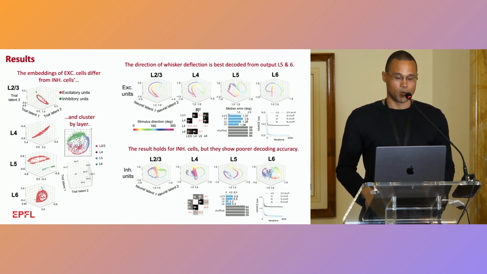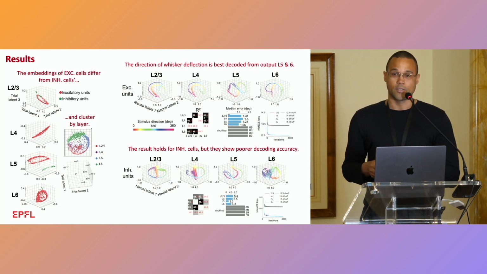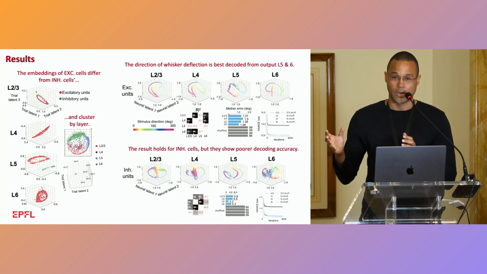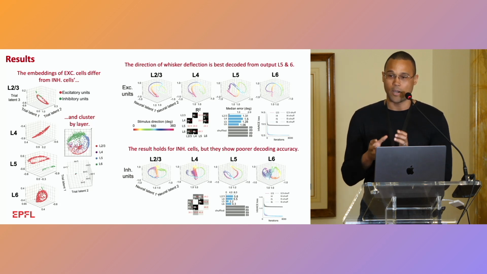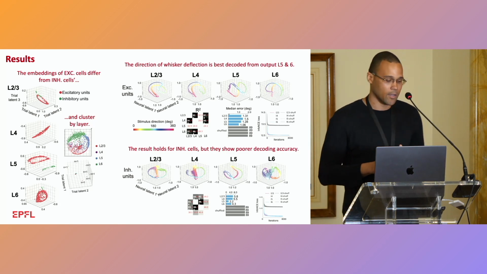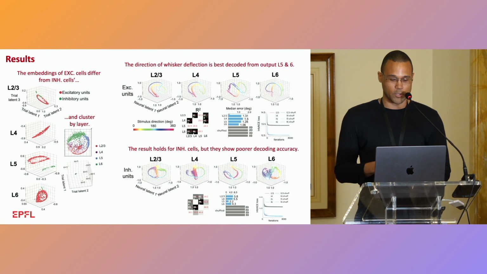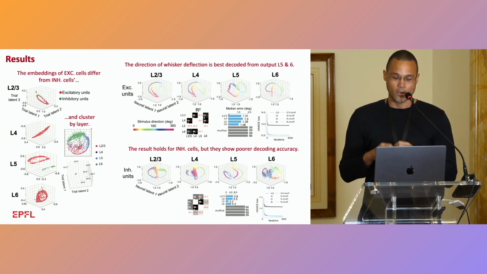Then we probed the sensory representation, that is the stimulus representation, in the different cortical layers. And to do that, we trained Zebra this time separately per layers and per cell types. And we used as auxiliary labels the stimulus direction and the trial IDs to shape the embeddings. And what we saw is that the embedding smoothly reflected stimulus directions.